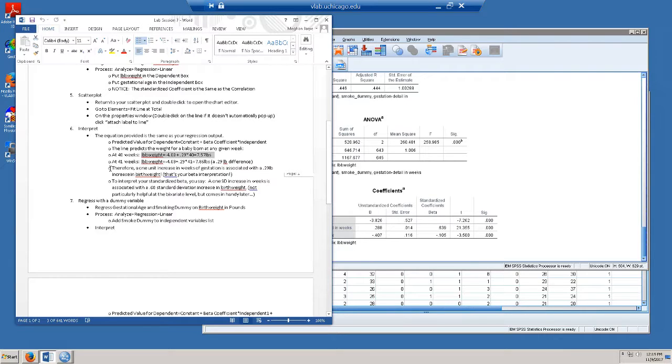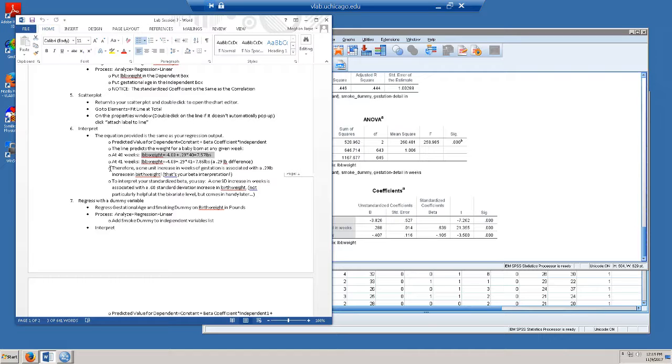I also have the interpretation written out in case you're looking for some language when you're writing up your findings. A 1 unit increase in weeks of gestation is associated with a 0.29 pound increase in birth weight.